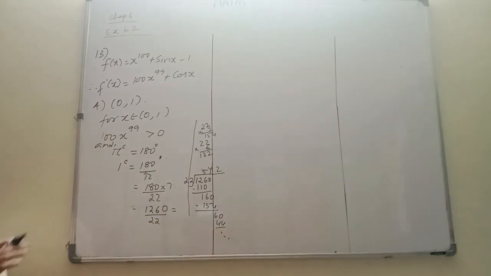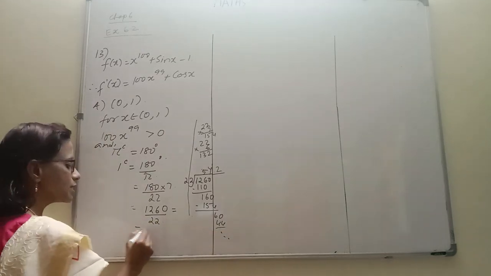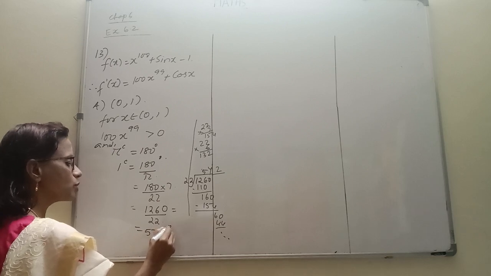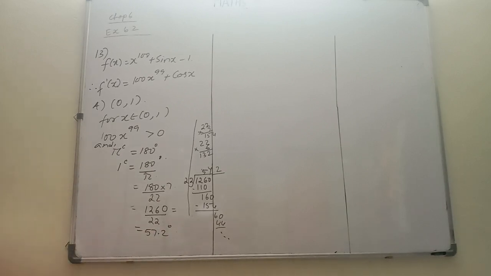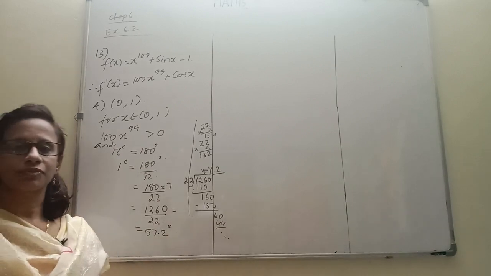It's just for us to get an idea. So actually this is 57.2 and so on degrees, just for us to get an idea that cos is positive. That's why we're doing all this.